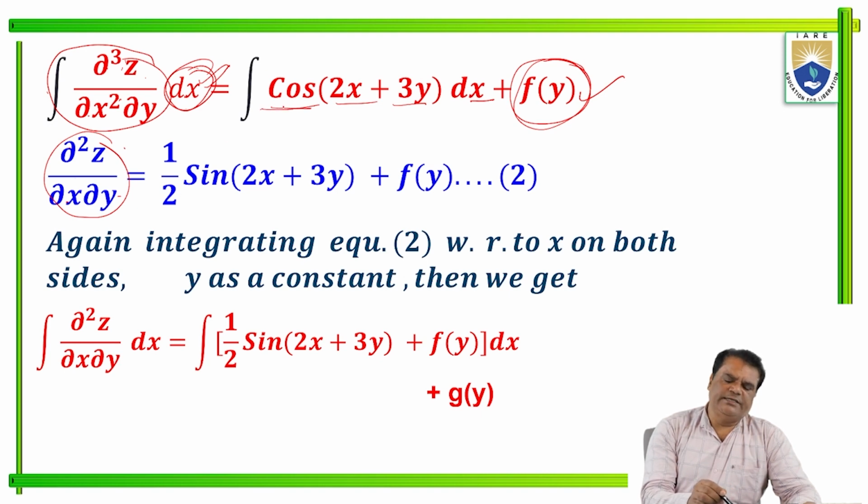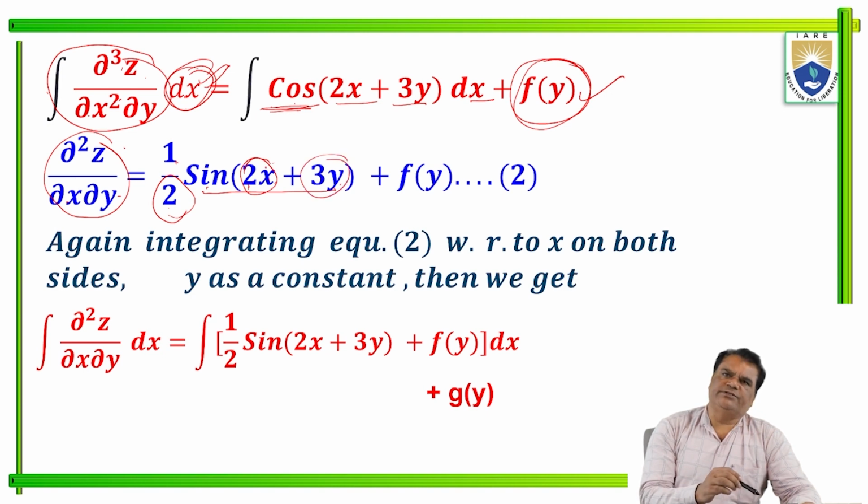This is equal to the integration of cos, which is sine of 2x plus 3y. But here we are integrating with respect to x, so the coefficient of x is 2. The coefficient always goes to the denominator. So 1 upon 2 sine of 2x plus 3y.